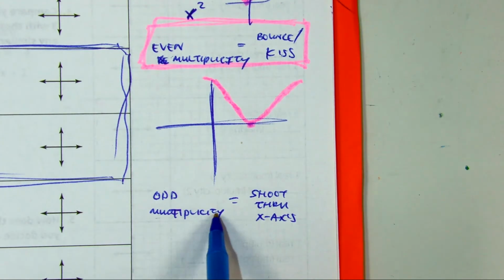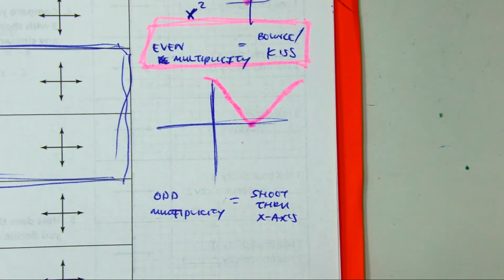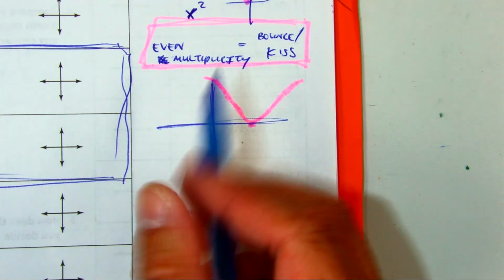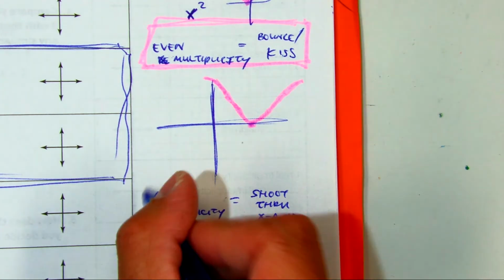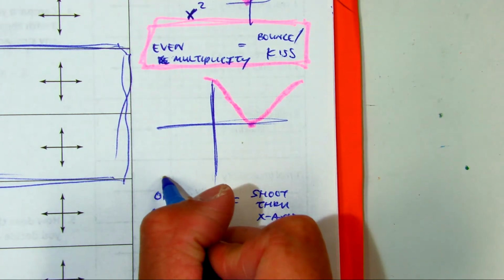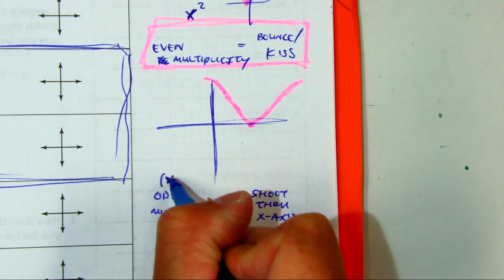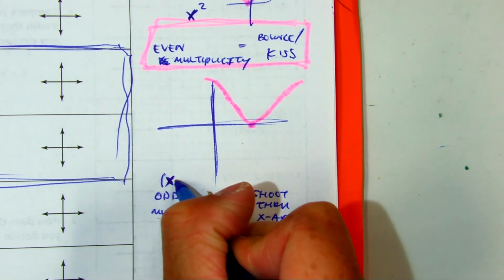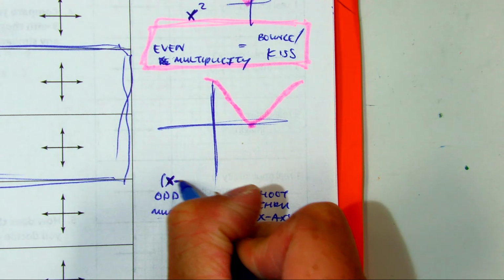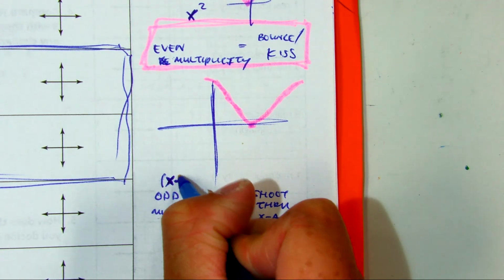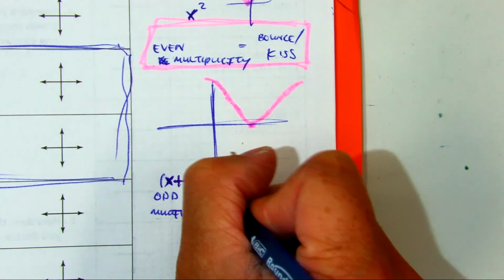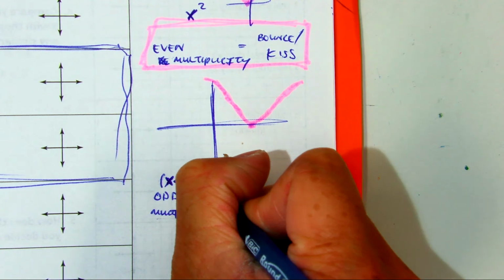You're going to shoot through the x-axis. Let's give you an example: x plus 2, to the third power.